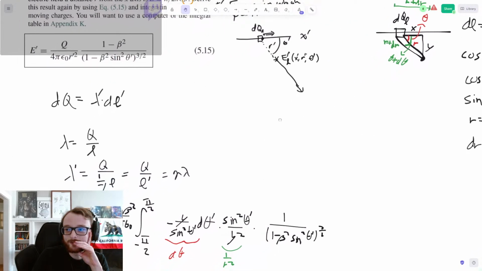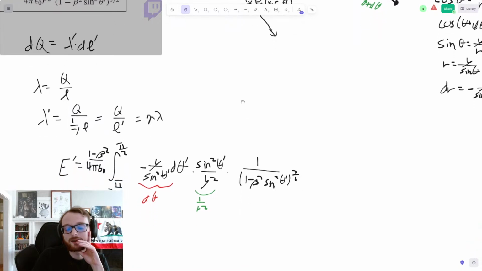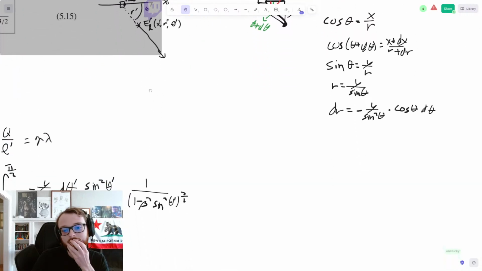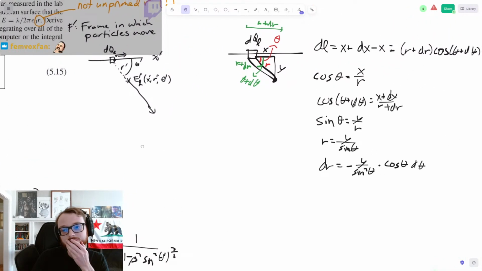Wait, we know what's going to cancel? The E prime x, in the x direction, because you've got the symmetry. Like that's going to be the same in both frames? Well, in both frames you still have the same charge, the same dq, and it goes infinitely in both directions.